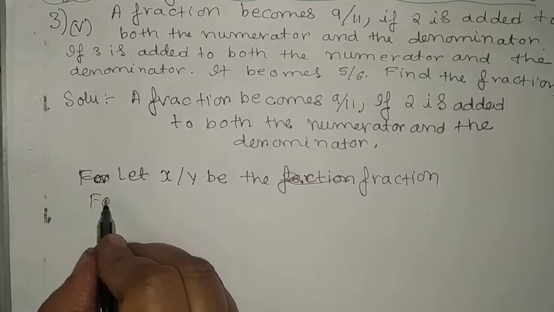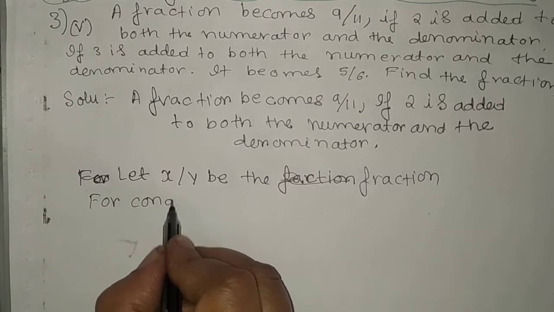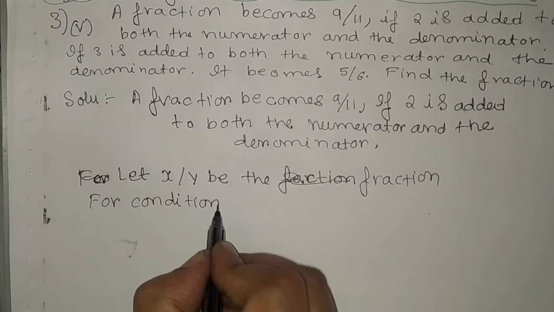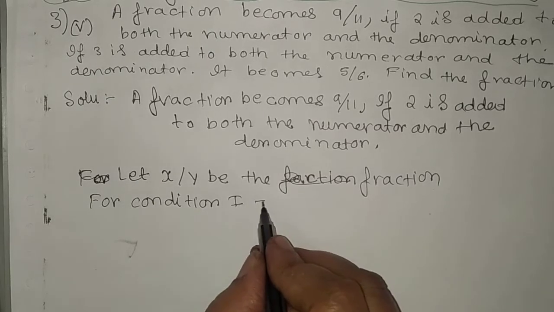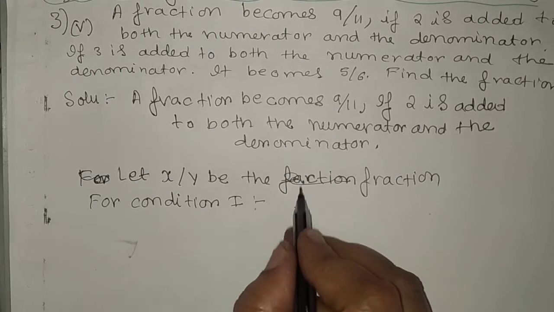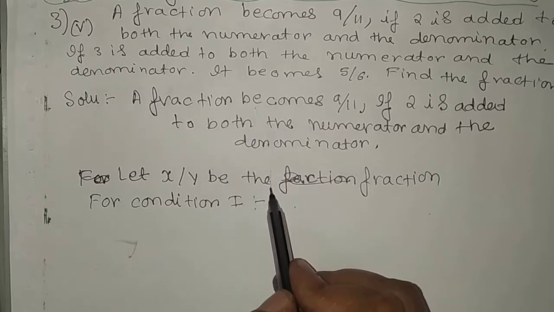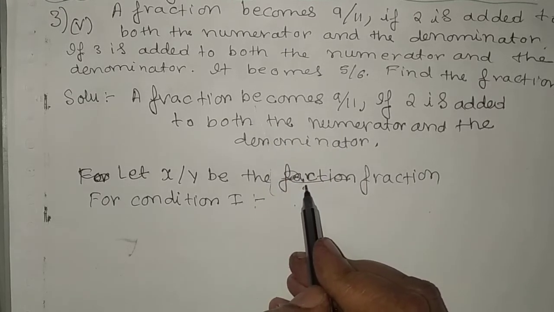So one by one we'll take the condition. For condition 1, that is when 2 is added to both the numerator and the denominator.